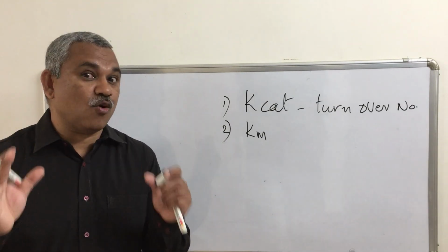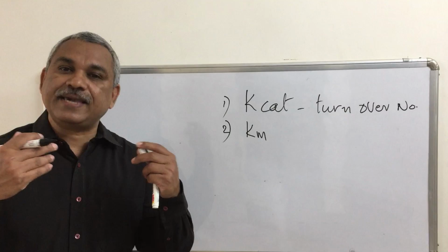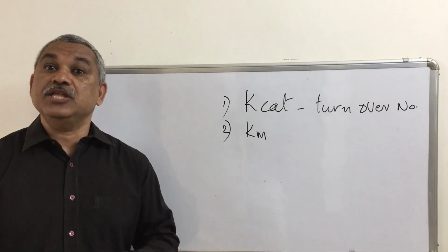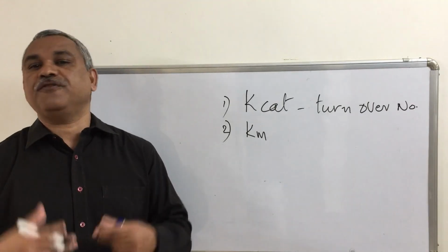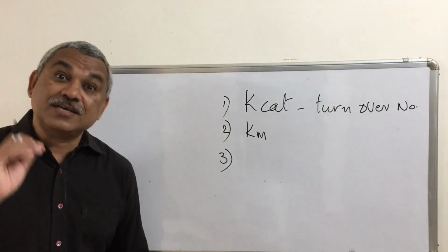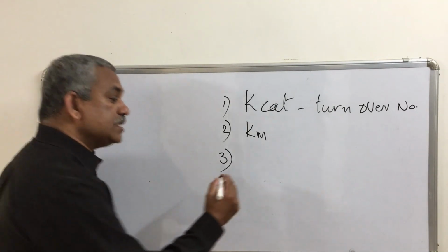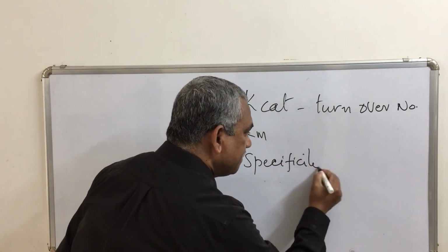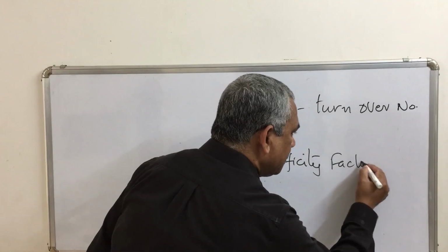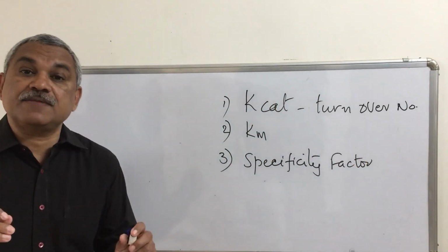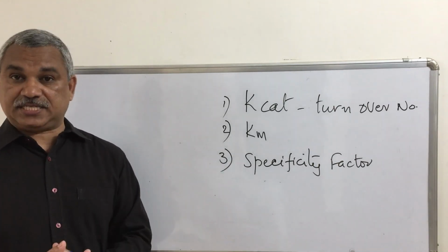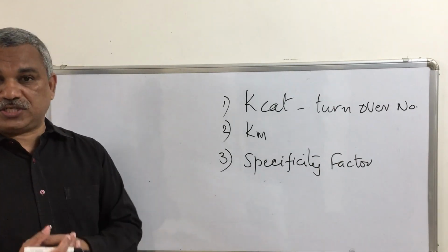So the Km value indicates the activity of the enzyme. The third factor is known as the specificity factor. Specificity factor means the preference of the enzyme towards the two substrates, carbon dioxide and oxygen.